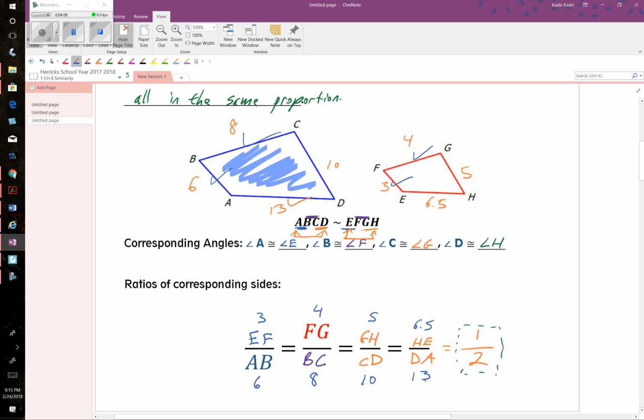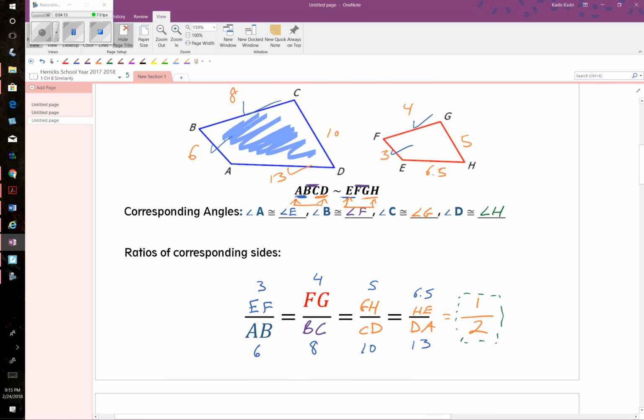All of those are in the same proportion. They all reduce to the scale factor, which is 1/2. Scale factor of A, B, C, D to E, F, G, H.